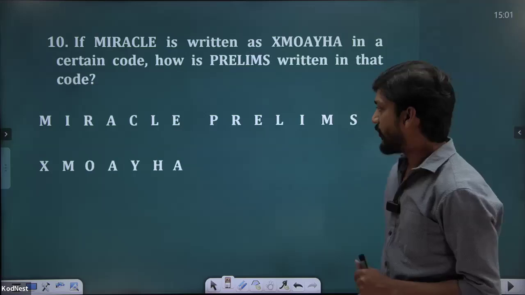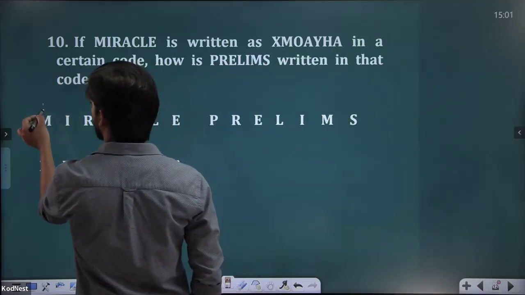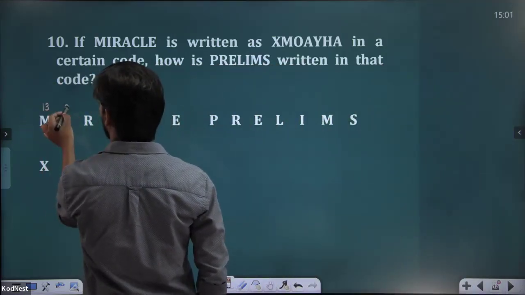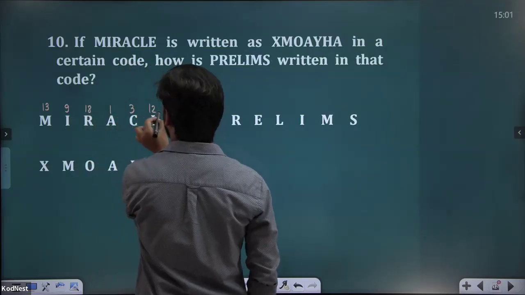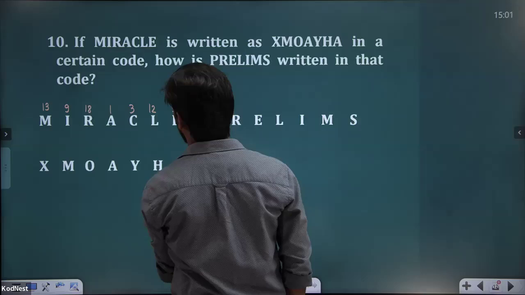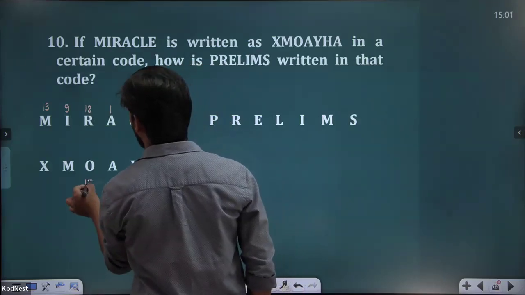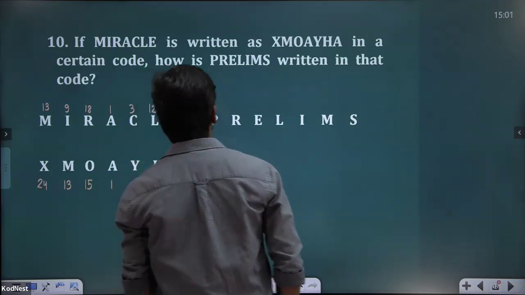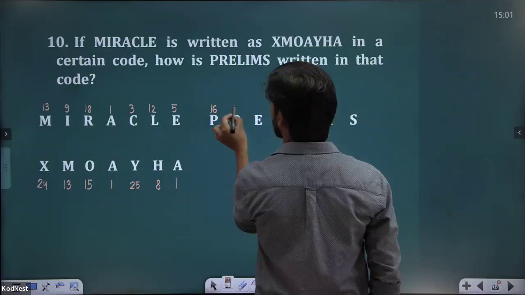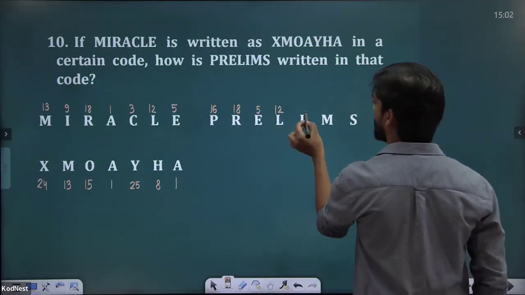Okay, so carefully observe. First, let me write the place values.